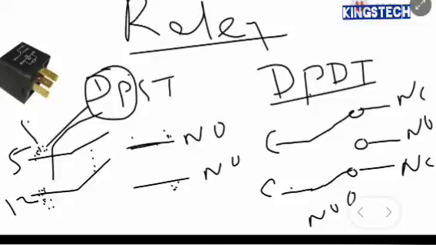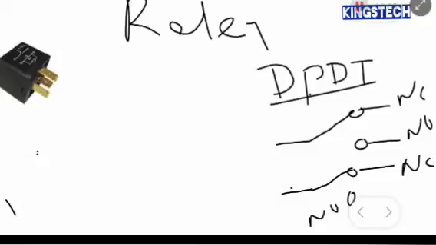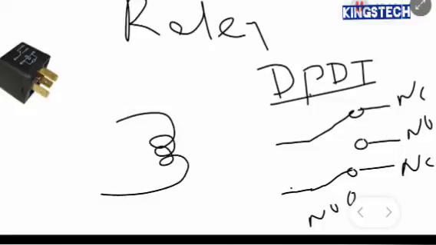Which means when the coil of this relay is energized, let me just draw it away here. When the coil is energized, it closes this terminal to this. The normally closed opens and normally open closes. The same thing applies here.